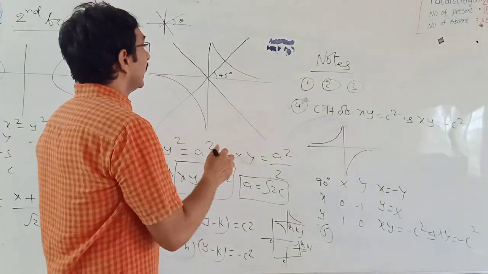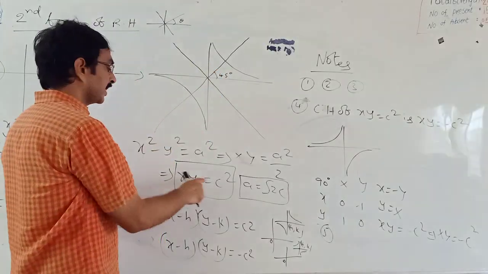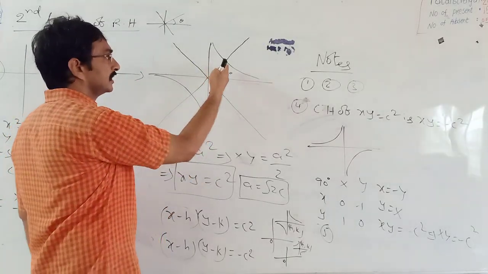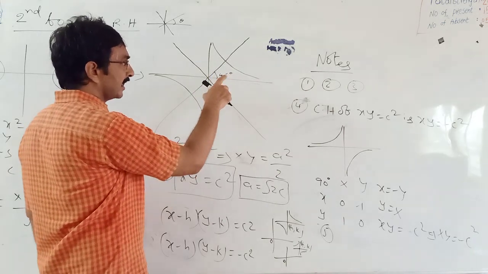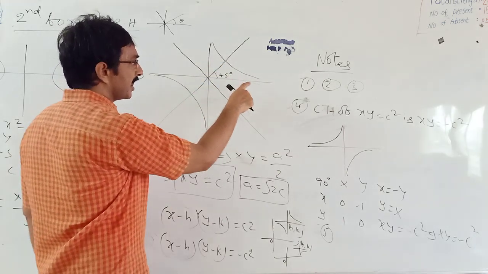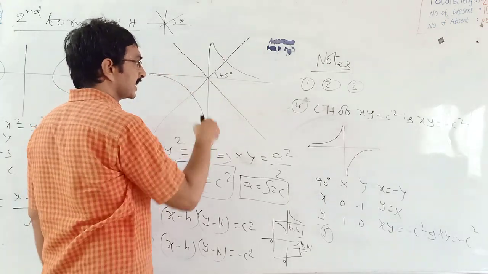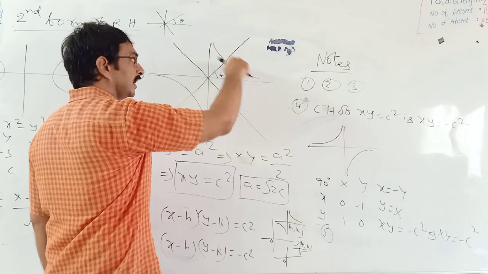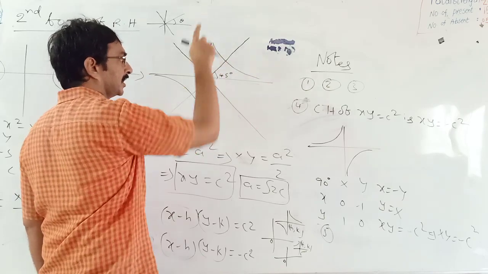Second one: asymptotes of the rectangular hyperbola xy equal to c square. See the figure. This is the figure of xy equal to c square. Clearly, asymptotes of this one are the coordinate axes, because the x-axis and y-axis touch the rectangular hyperbola at the point of infinity.